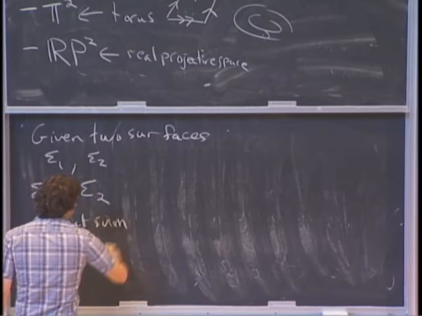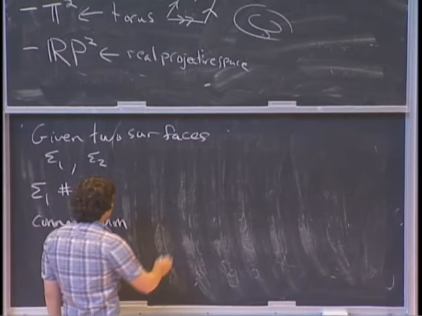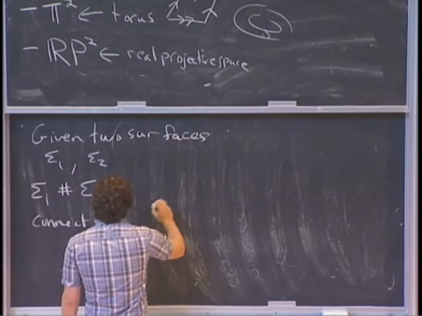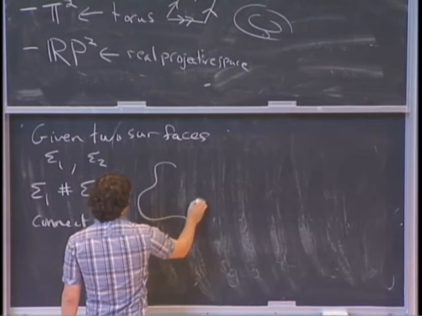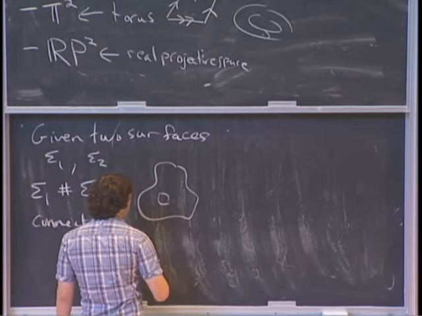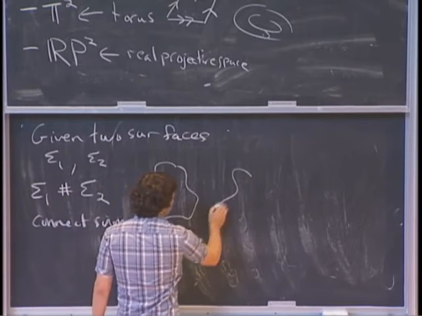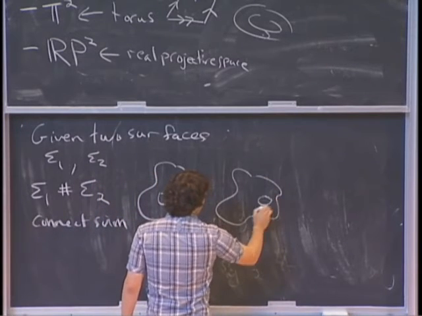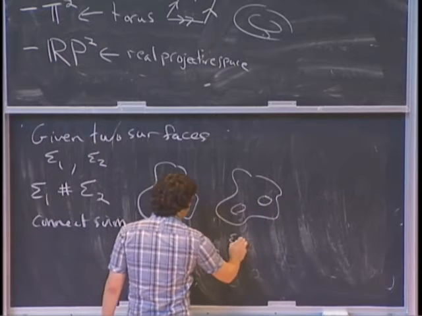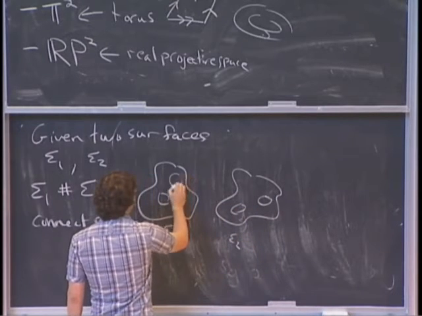I'm just going to do this pictorially and leave it to you to make this rigorous. You start with these two surfaces, sigma 1 and sigma 2, and you find disks in them.